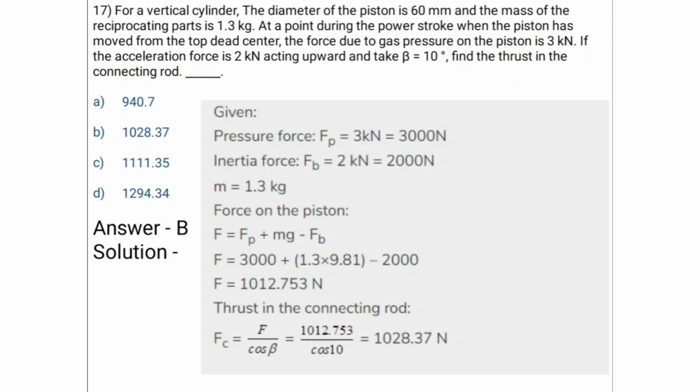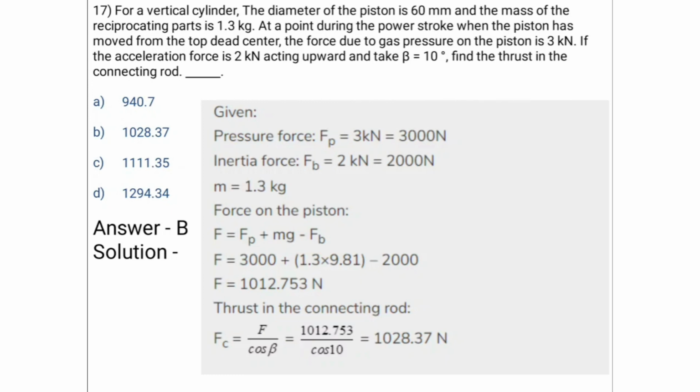So pressure force Fp is given as 3 kilonewton, convert it into Newton, 3000 Newton. Then inertia force Fb, 2 kilonewton is given, so 2000 Newton. Mass is also given. Force on the piston you can calculate directly. Force F is equal to force on a piston plus mg minus Fb, that is inertia force.